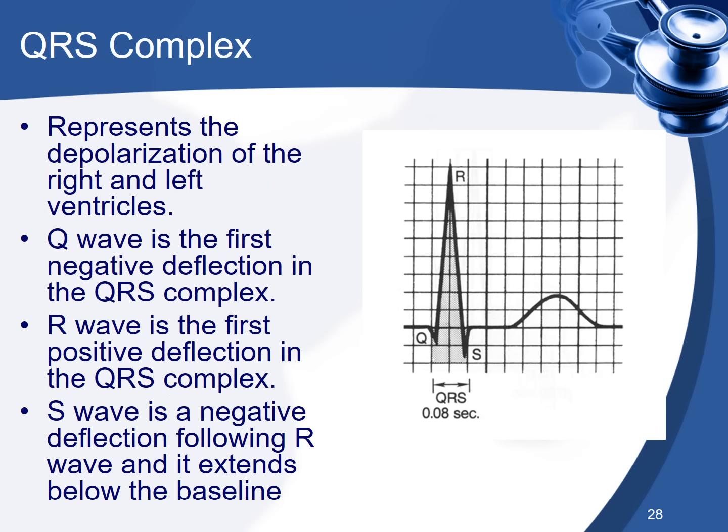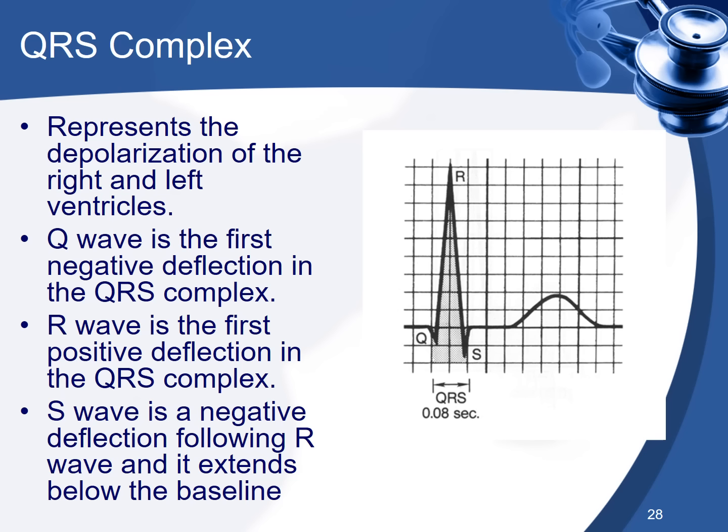Next component we're going to look at is your QRS component. This is the depolarization of the ventricles. You will see a small Q wave, very small, usually no bigger than one small box. This is your first deflection, which would be negative. It'll go below the baseline. Then you'll have your R wave, and then you'll have your S wave.